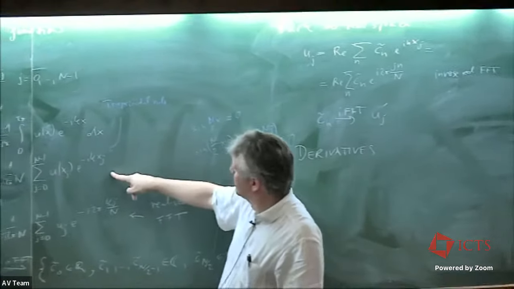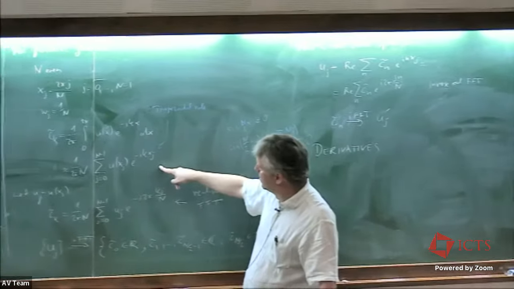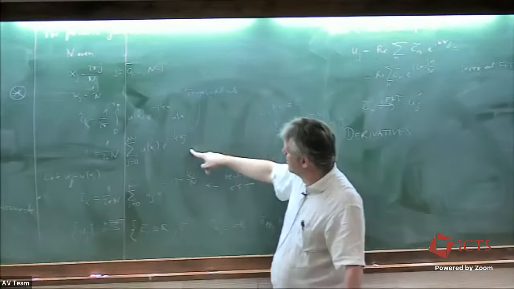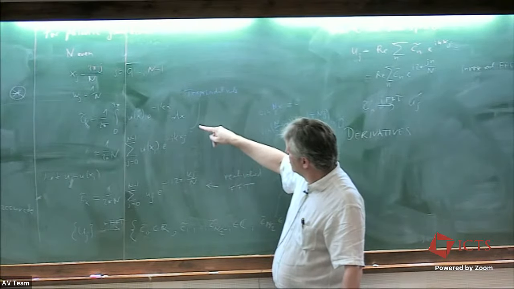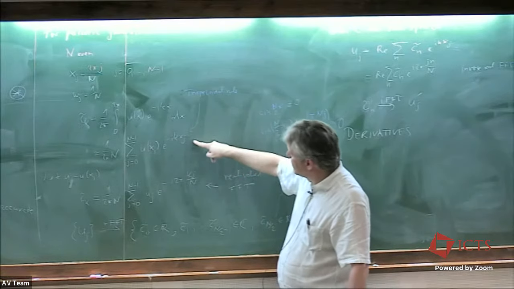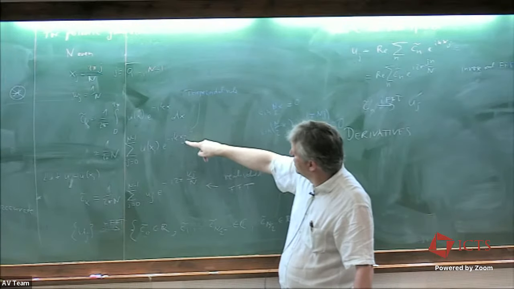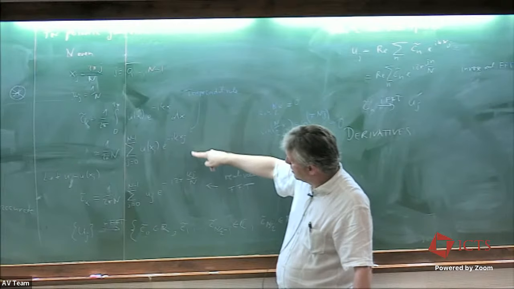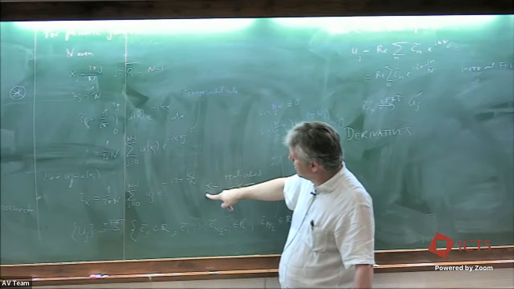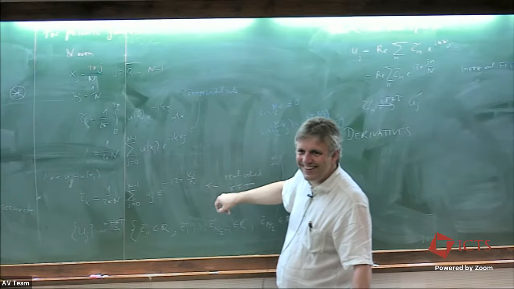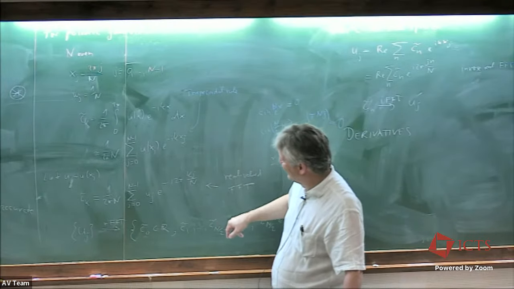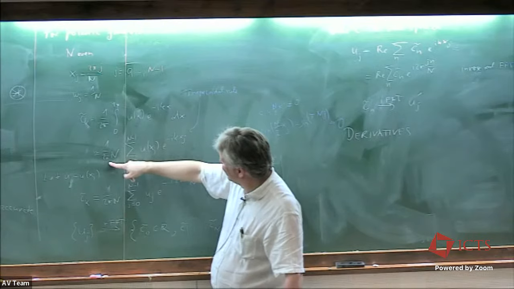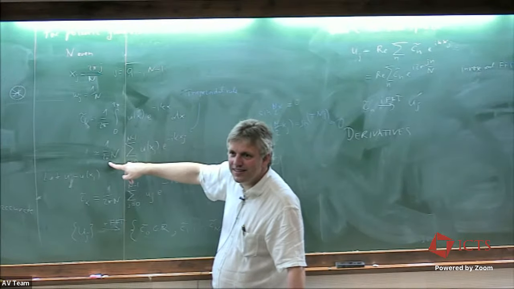So here there is not yet a 2 pi, because this is an x_j.